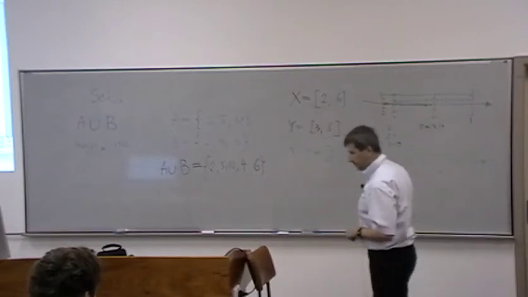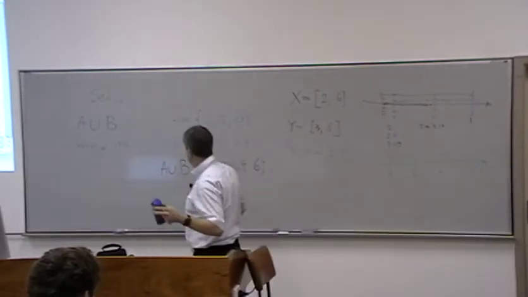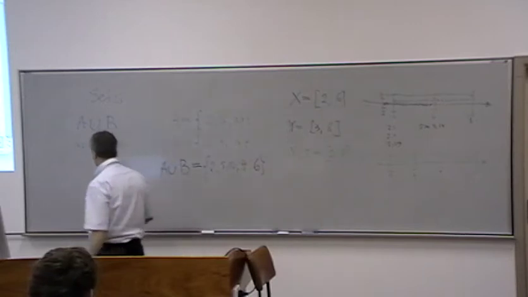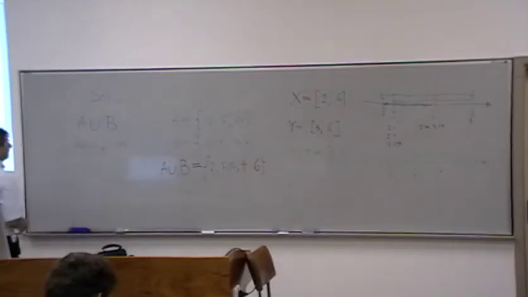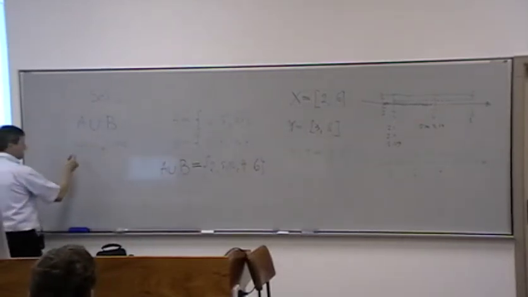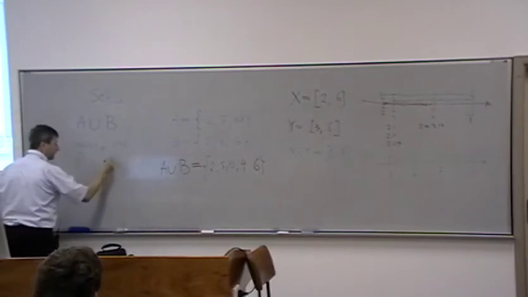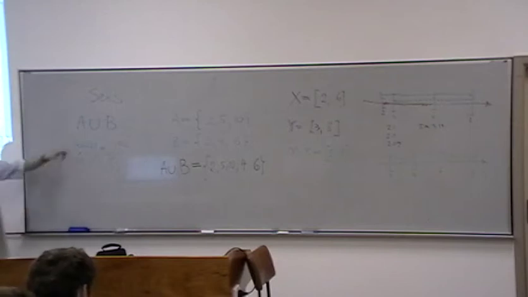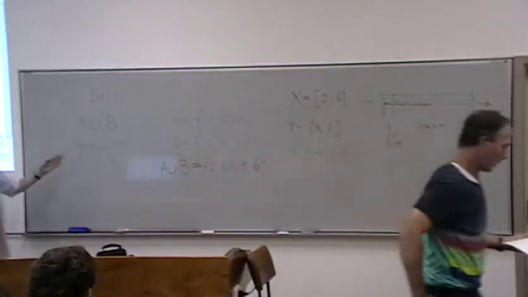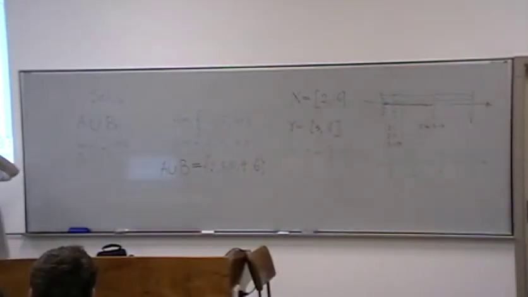Another operation we do with sets is the intersection. We can intersect two sets. Then instead of that strange U-like symbol, we have it reversed, upside down.